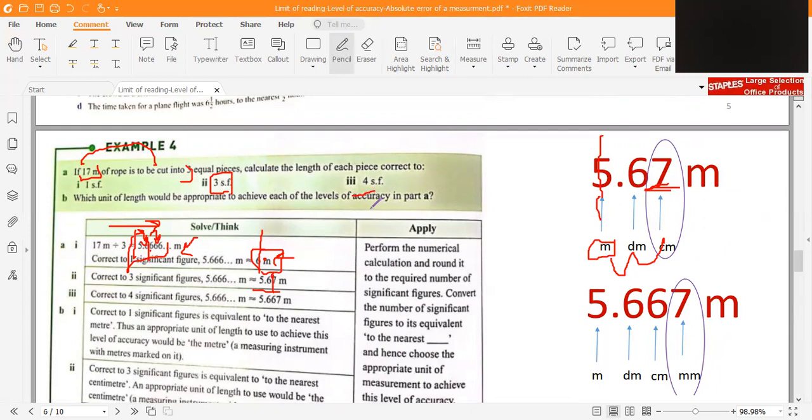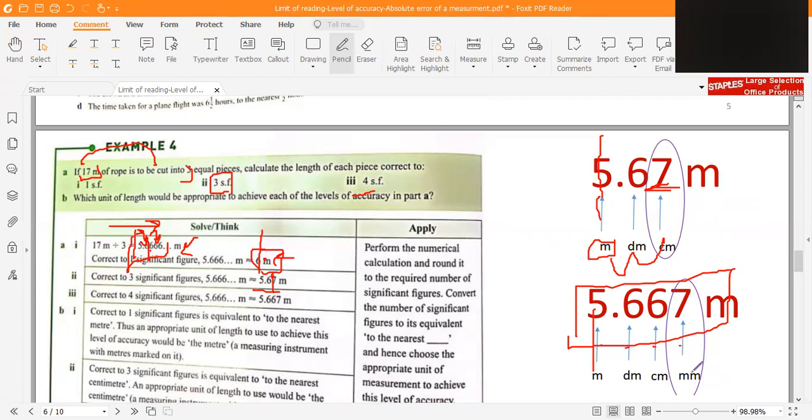In the third part, the correction of the length to four significant figures, we obtain this one. The appropriate unit of length corresponds to the unit of the last significant figure. The base unit is meter, so we count decimeter, centimeter, and millimeter.